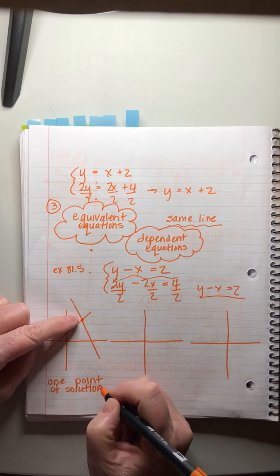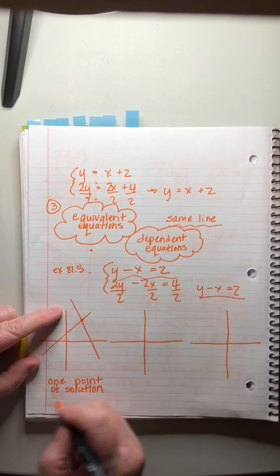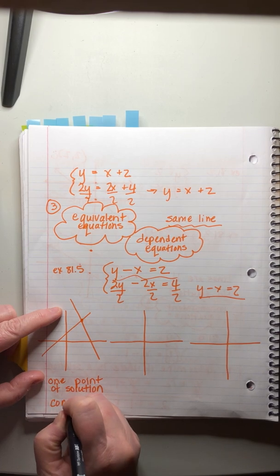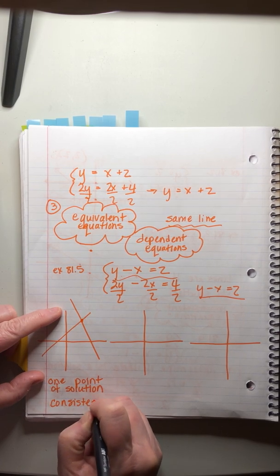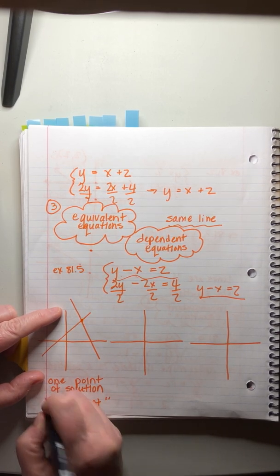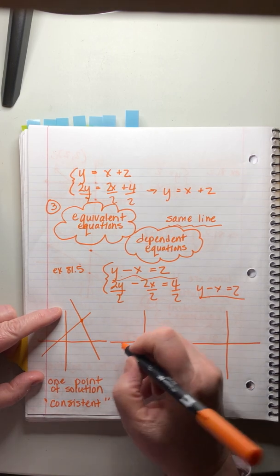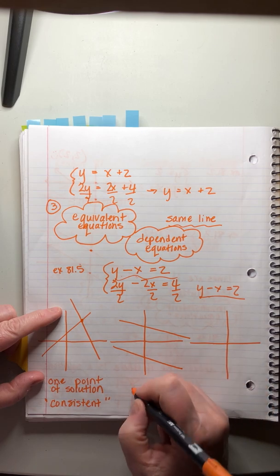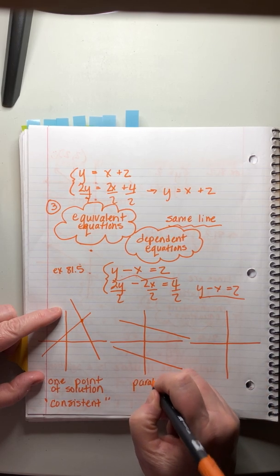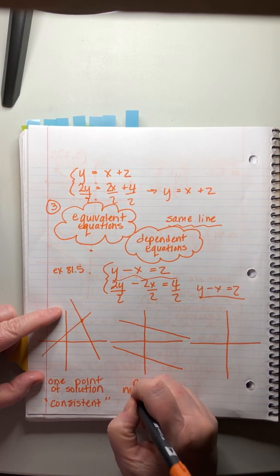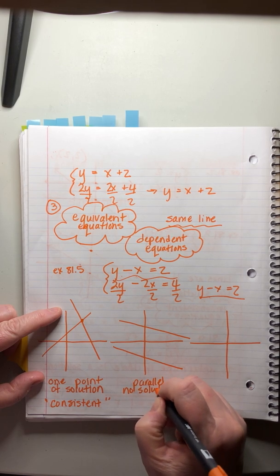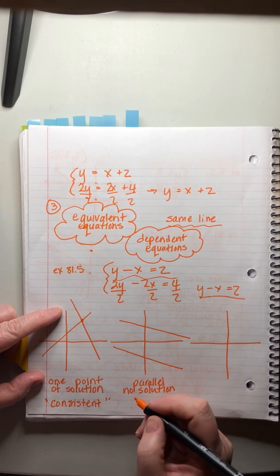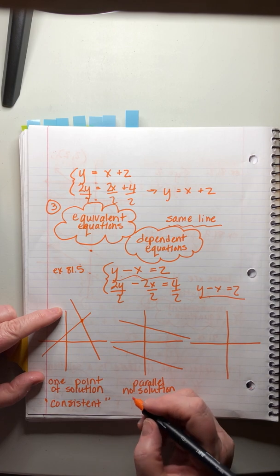These are the ones we see all the time, and we call those consistent. That's their fancy name. We talked about lines that are parallel. They have no solution. They never touch each other. And we call those inconsistent.